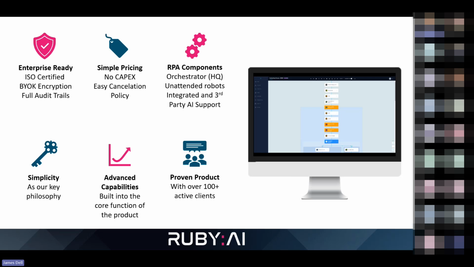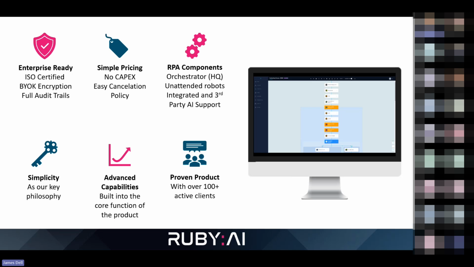You get as part of this the Orchestrator HQ, which Darko will show you a little bit later on, which also allows you to integrate third-party AI solutions. So if you are a massive ChatGPT OpenAI user, or if you're using Grok or something else where you go, actually, we've made great use of this third-party AI tool, we can directly integrate and hook that into the Ruby AI product.